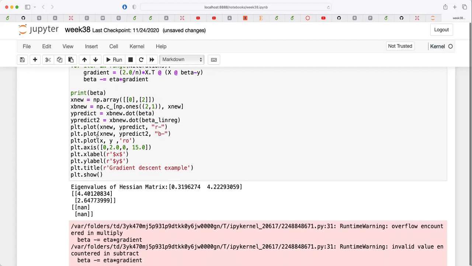And at a certain point, you will just jump far away from the curve where it has its minimum. So when the learning rate becomes too large, you are going to, in the beginning, jump a little bit back and forth, and then suddenly it just diverges. And you see this reflected in the not a number here. When the learning rate is too small, you may still be far away from the optimal value for the parameter beta. Too simple?